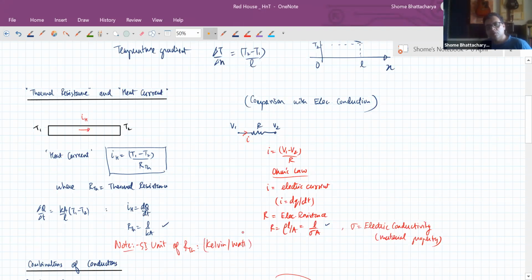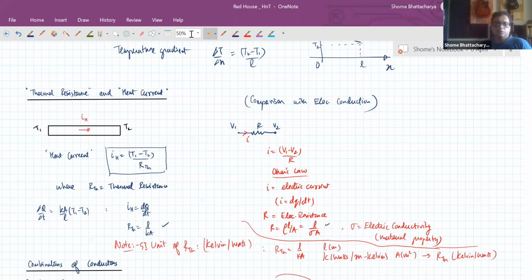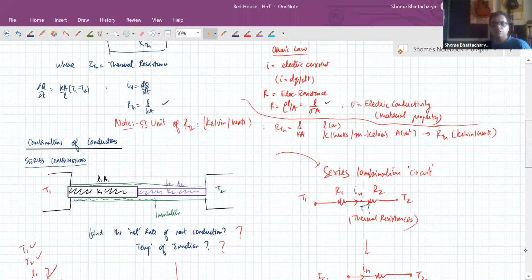So when we use this formula, in this L should be in meters, K should be in watts per meter Kelvin, and area should be in meters square. So then thermal resistance comes in Kelvin per watt. Okay, so just make sure you are aware of the units here. Okay, so let's come back to this question now.